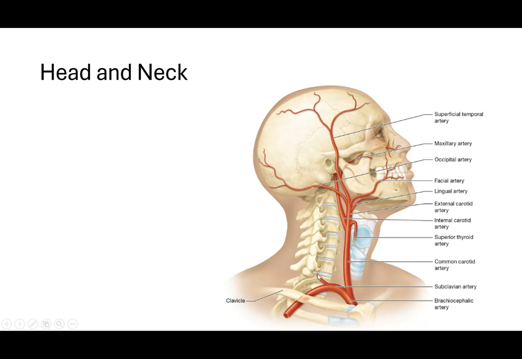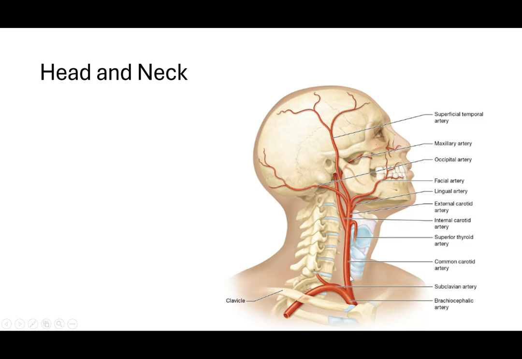So we can see that here. It's just unlabeled. Now, the subclavian artery is going to go on the posterior side, underneath the clavicle, and then it extends into the upper arm and the upper limb and changes its name.